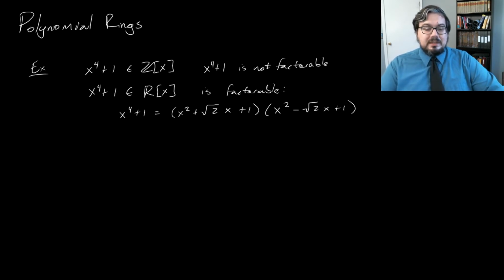And so we can see that the properties of a particular polynomial depend on a lot of things, not just what the coefficients are, what the powers are, but where that polynomial lives.